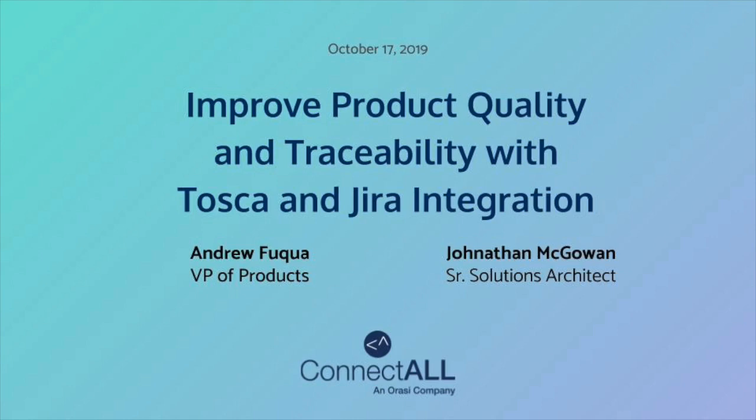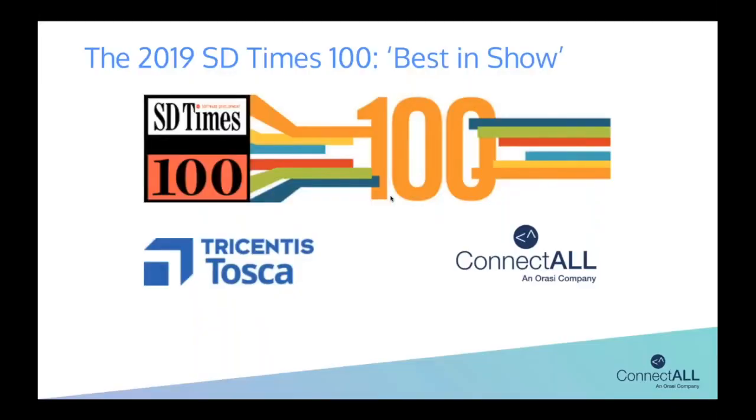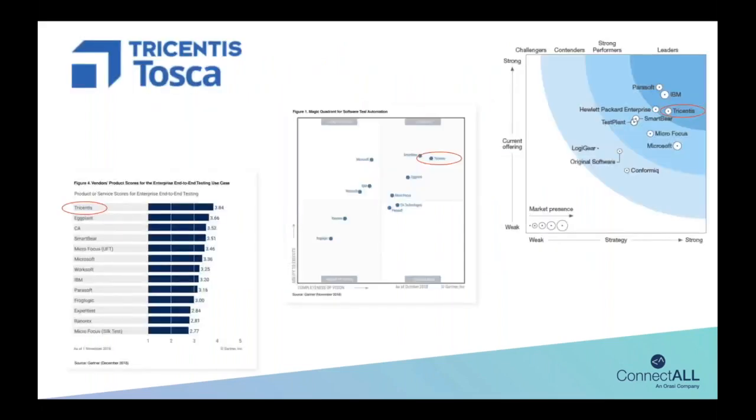But I wanted to say a little bit about Tosca and ConnectALL and integration before we get into the demo. I'll try not to take too much time, but there's the 2019 SD Times Best in Show banner. It's a good resource for you to use.